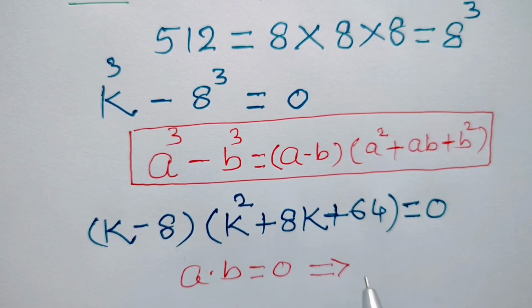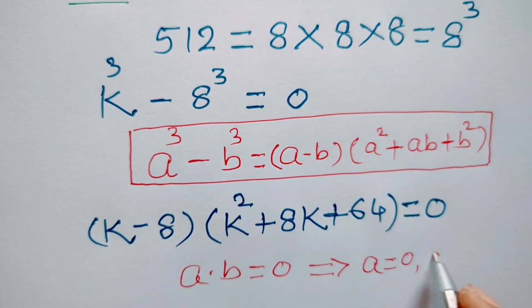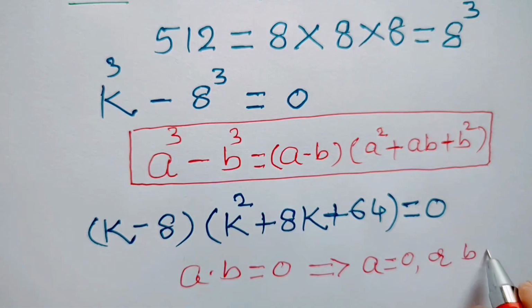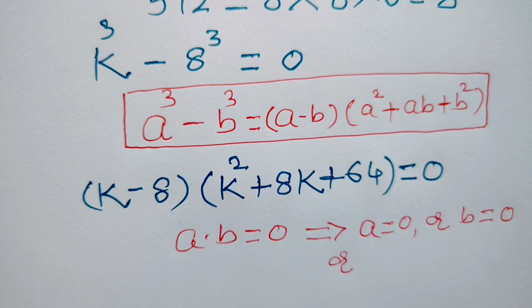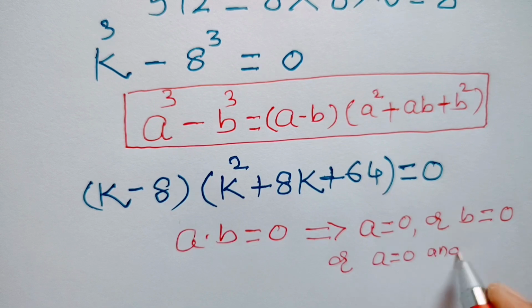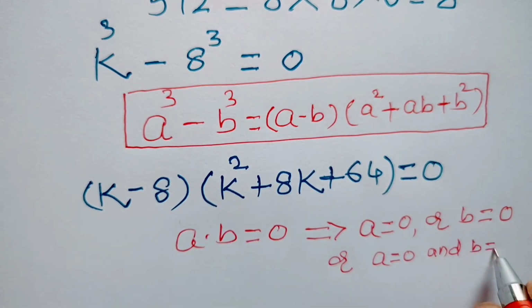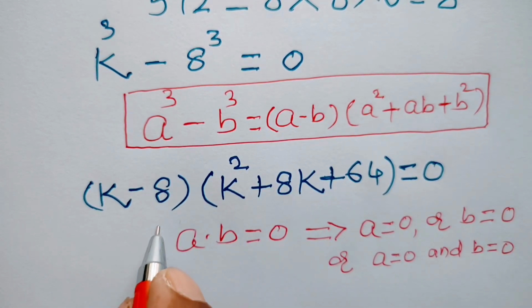This implies either a is equal to 0 or b is equal to 0 or both a and b are equal to 0.